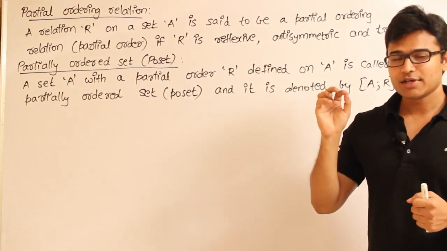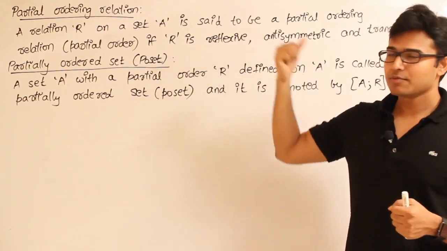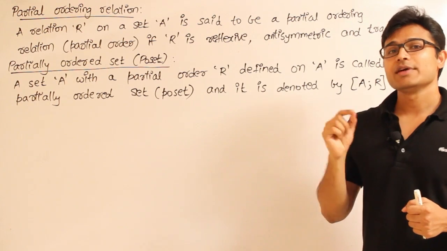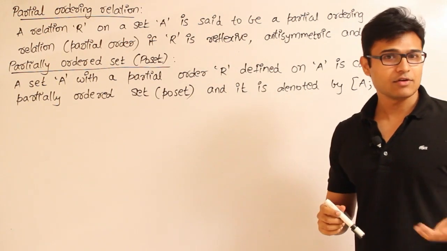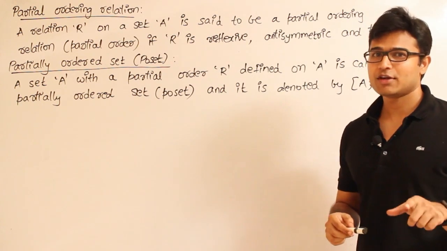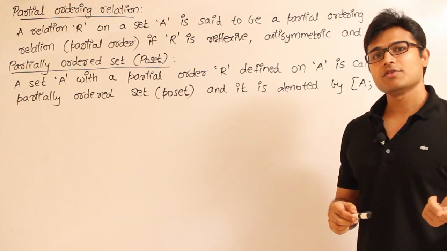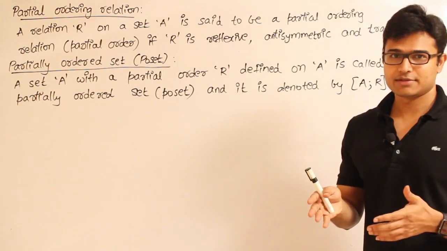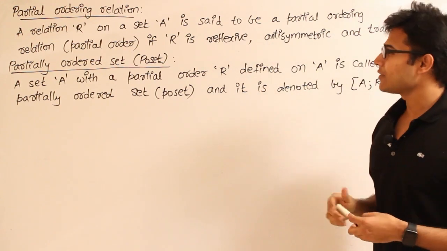Symmetric is for equivalence and antisymmetric is for partial order. It cannot be asymmetric, because asymmetric will not allow diagonal pairs, and reflexive wants diagonal pairs. Therefore, it has to be reflexive, antisymmetric and transitive.